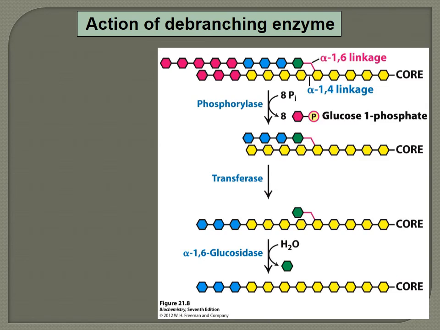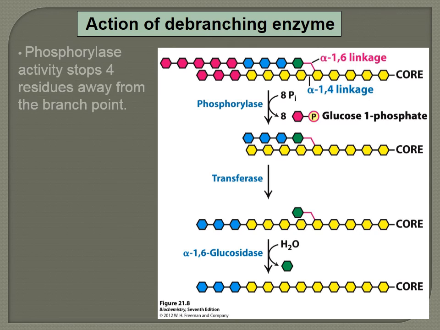This action of the enzyme phosphorylase is repeated at the non-reducing end to release glucose as glucose 1-phosphate, but it stops when it reaches the glucose residue which is 4 units away from the branch point. This is because the enzyme phosphorylase can only act on the alpha-1,4 linkage and not on the alpha-1,6 linkage.